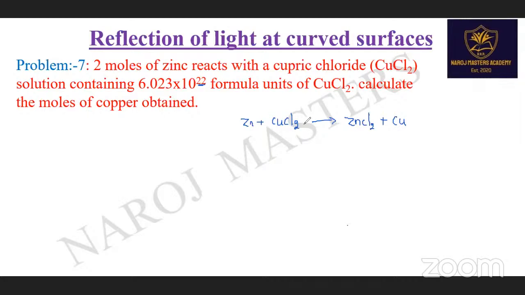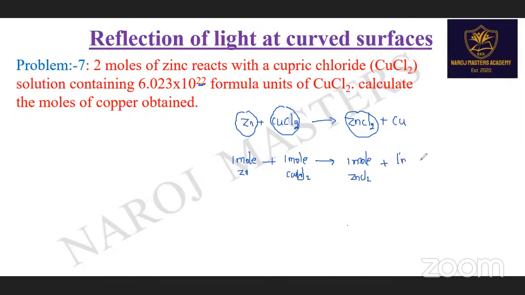So the mass is not given here, so simply consider this as 1 mole. 1 mole of zinc is required to convert 1 mole of cupric chloride CuCl2 into 1 mole of zinc chloride plus 1 mole of copper. So here 1 mole of zinc is required to get 1 mole of copper.